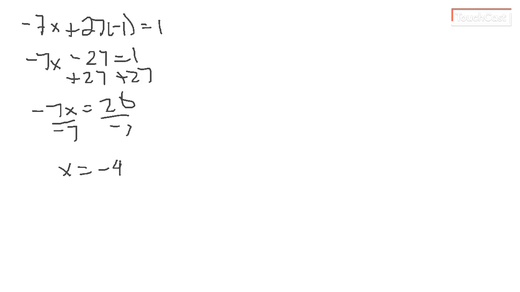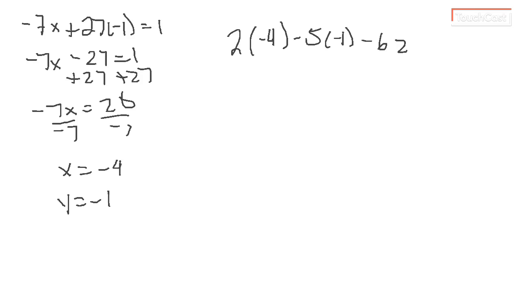So we've got x, we've got y equals negative 1. We're going to plug those into, again, I'm just partial to the first equation, so we're going to go 2 times negative 4, 2x, minus 5 times negative 1, minus 5y, minus 6z equals 57. So cleaning this up, we're going to end up with negative 8 plus 5 minus 6z equals 57.